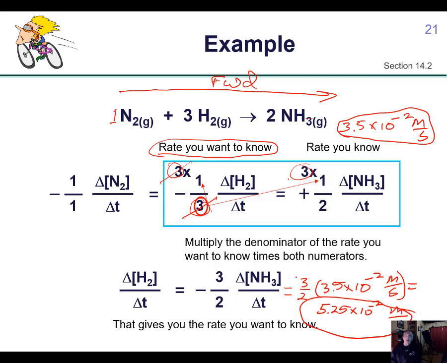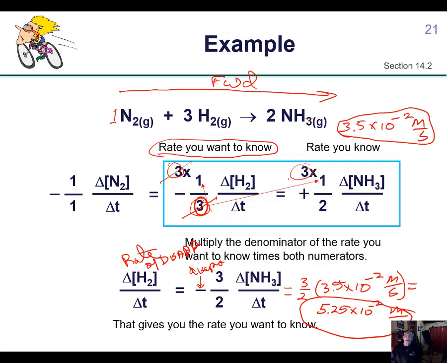And by the way, the negative sign here, it's really just language. It's asking if you understand what exactly you've done. This still means the rate of disappearance. Okay? So what you're saying is the rate of disappearance of hydrogen is equal to negative 3/2 the rate of appearance of ammonia.